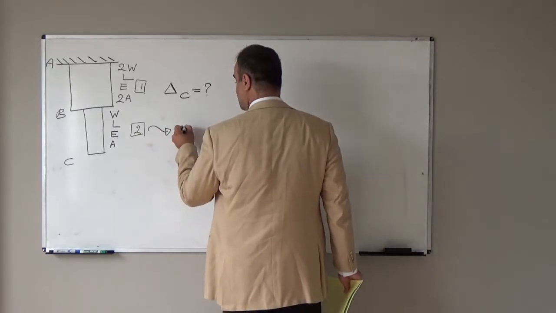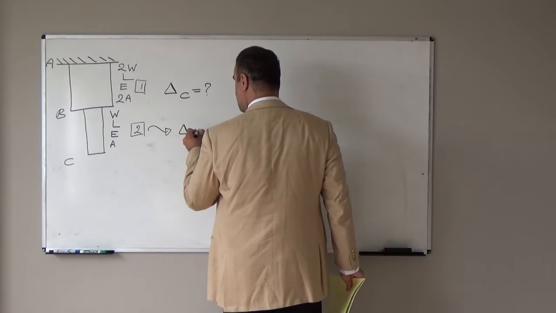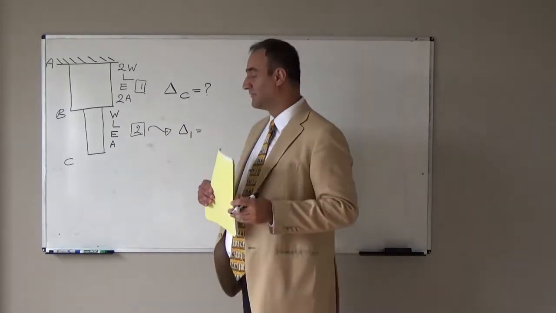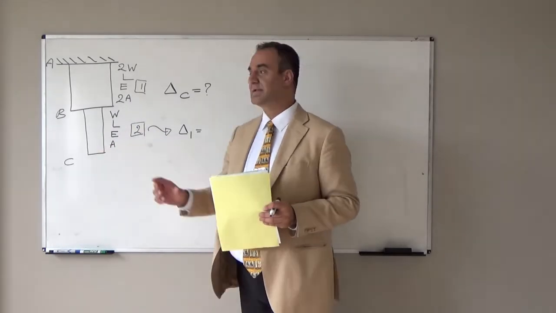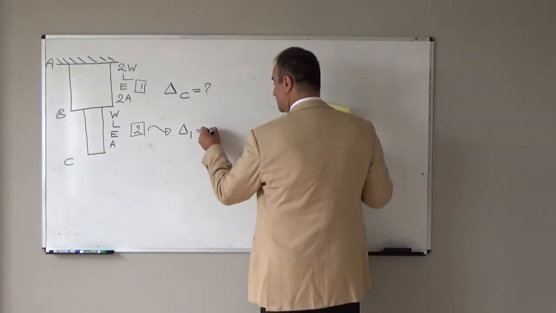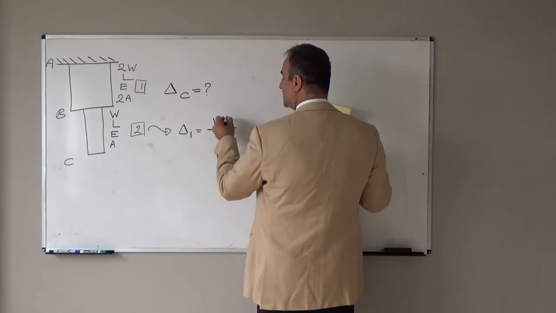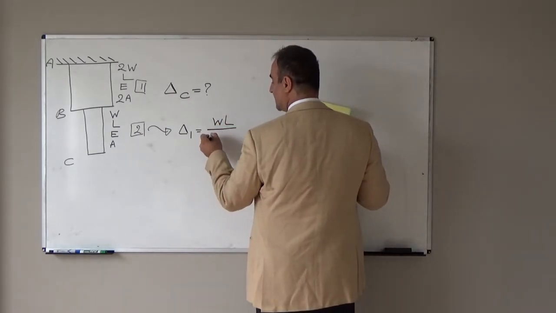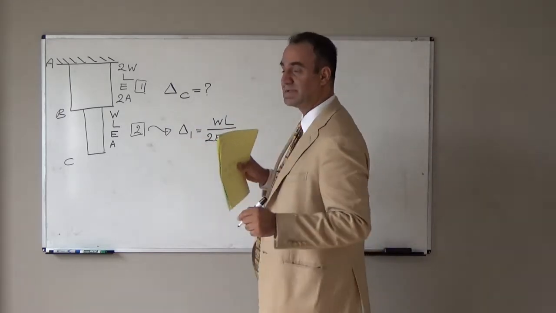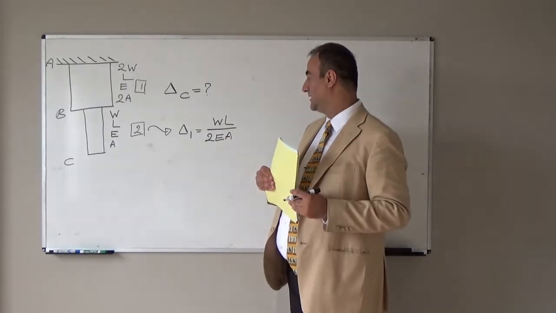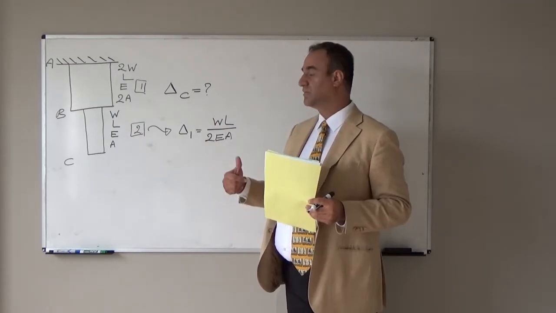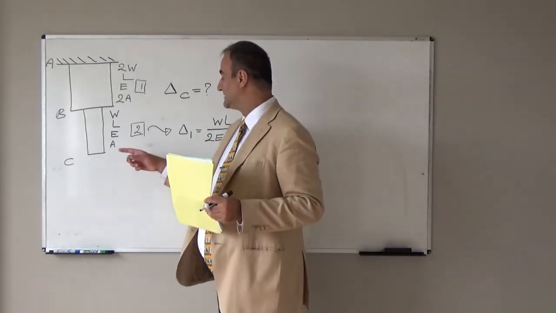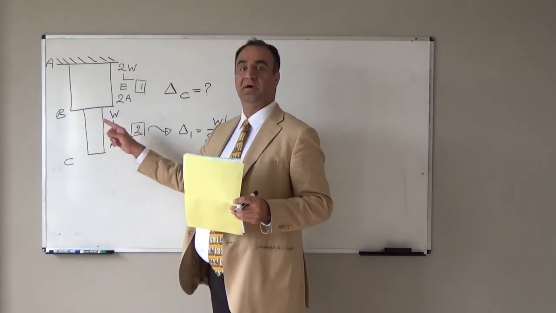If I show with delta 1, the delta 1 will represent deformation of part 2 under self-weight, equal to entire weight times length divided by 2EA. This I proved using integration. It will be W times L divided by 2EA. That is the deformation of part 2 only under self-weight.